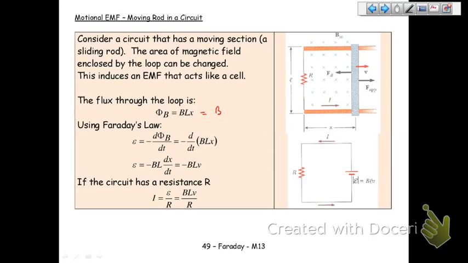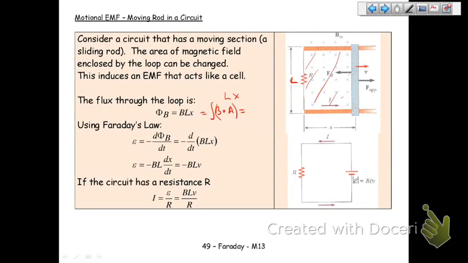So flux is equal to the integral of B dot dA, which, since they're at 90 degrees to each other, equals BA, and my A is equal to L times X. There's my A.